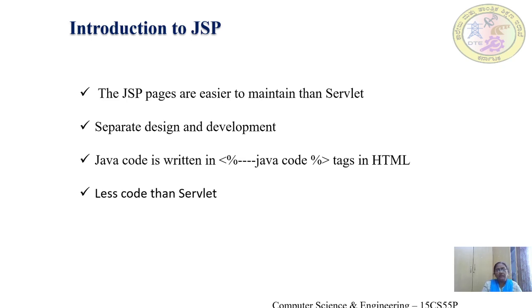And we write Java code in these tags in HTML. For writing the JSP code, you have to use these tags in HTML. And compared to servlets, here we can write less code for doing the same work. That's why people prefer to use Java server pages over servlets.